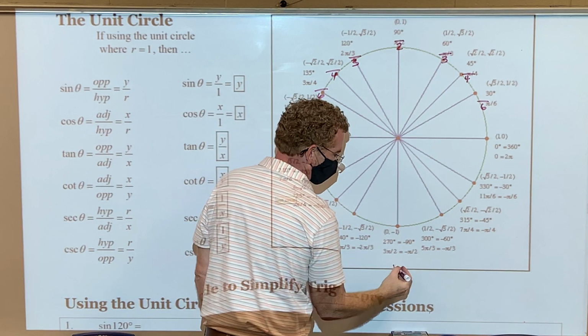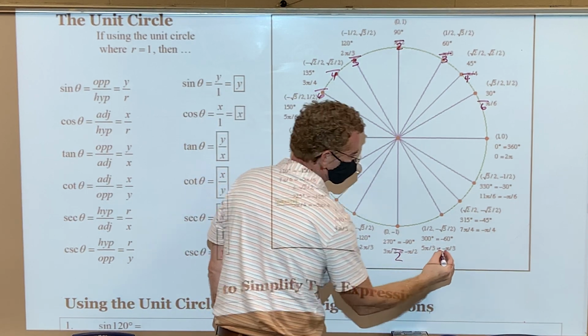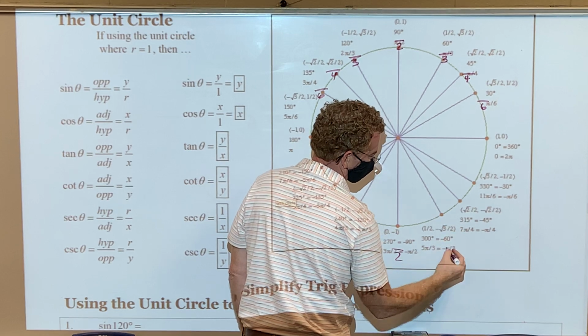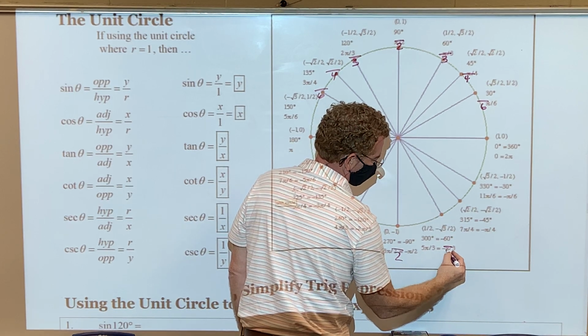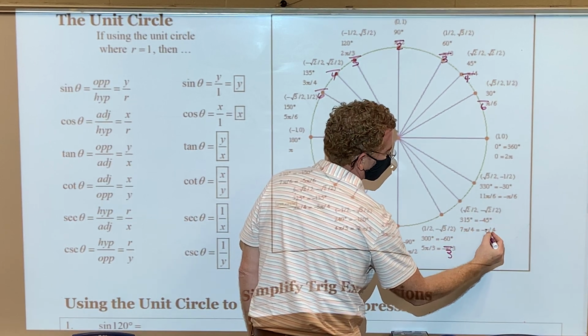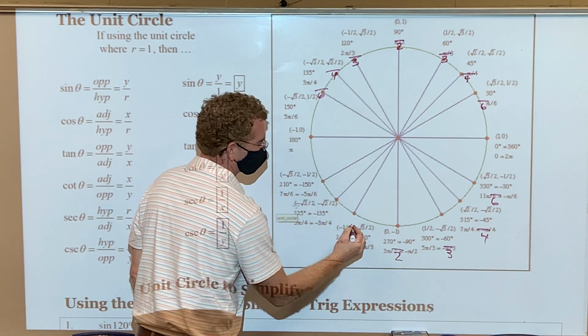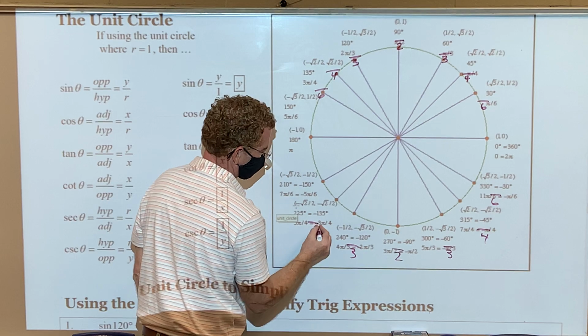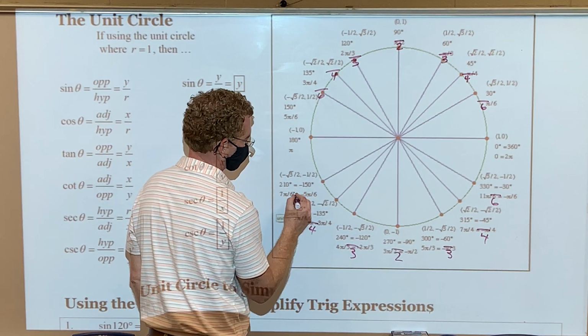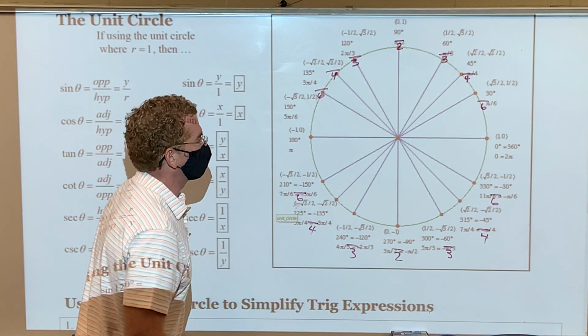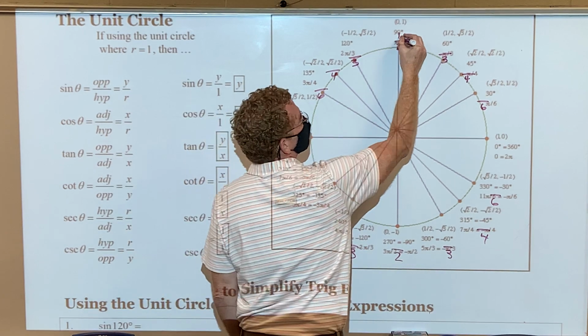And then starting from down here, 2, 3, 4, 6, and then coming up this way, 2, 3, 4, 6. And then all of them have pi's on the top.